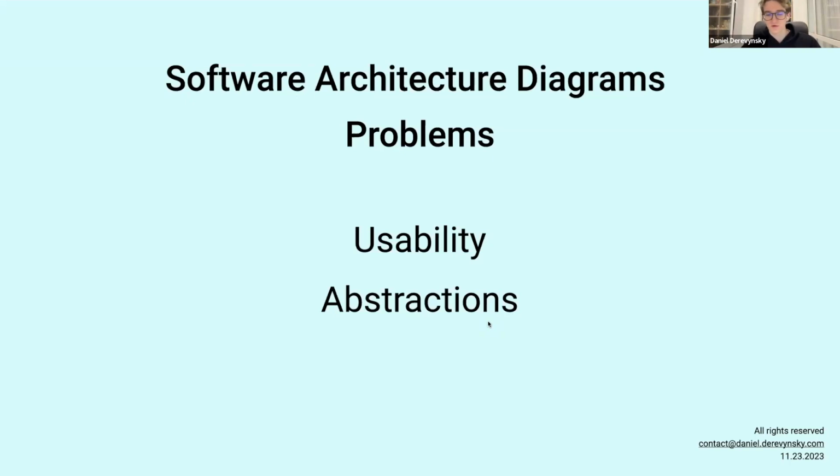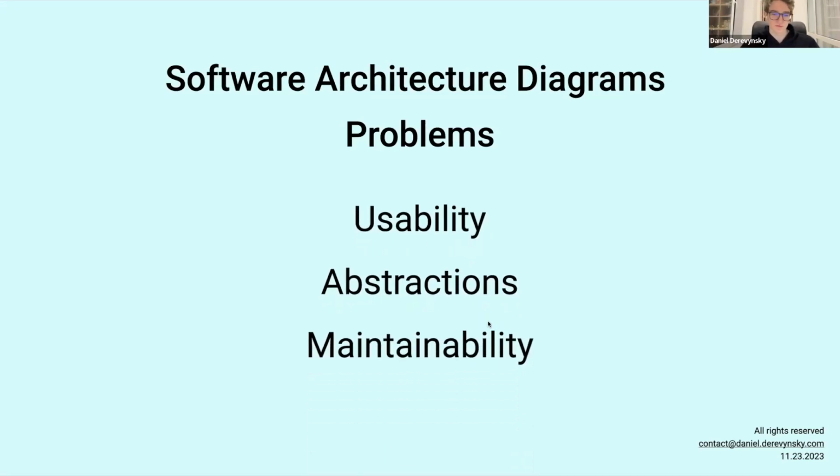When there's a new person or a product person trying to understand a bit more how the system works, and they have to navigate multiple diagrams, this mismatch of abstraction levels would really make the job of understanding the system harder for them.